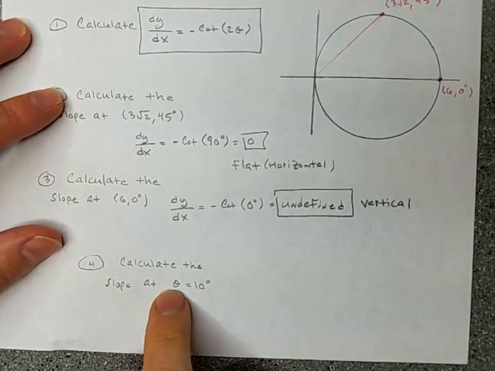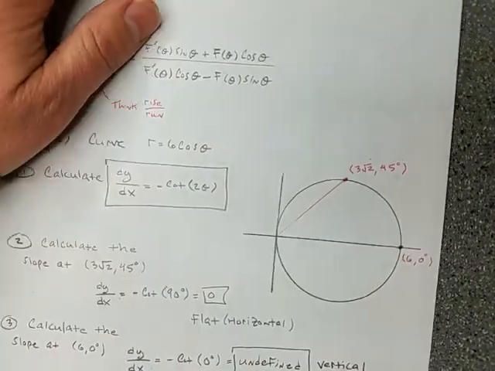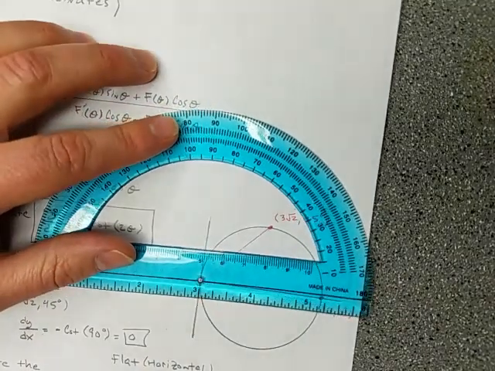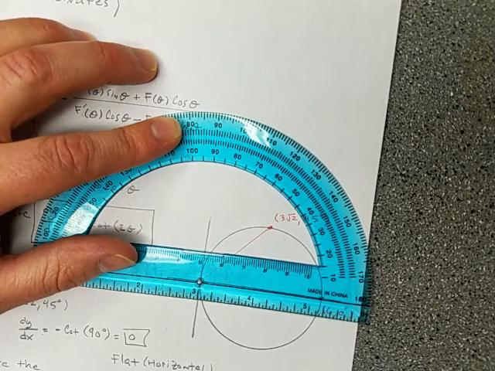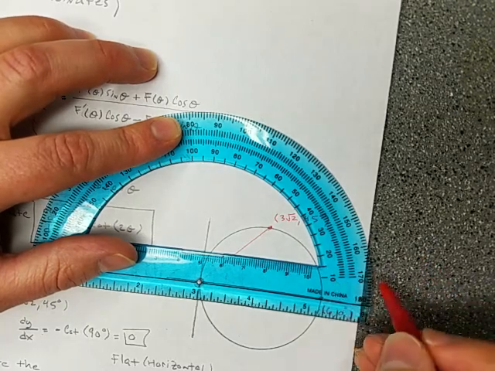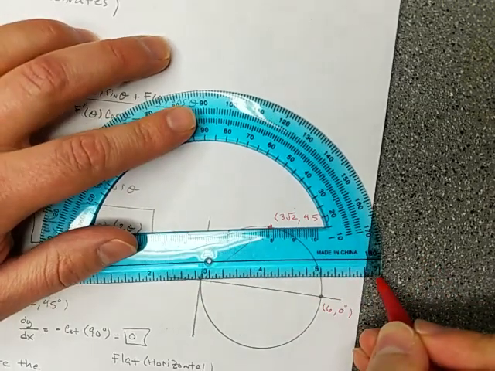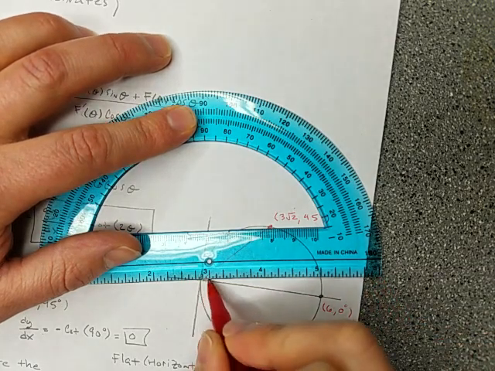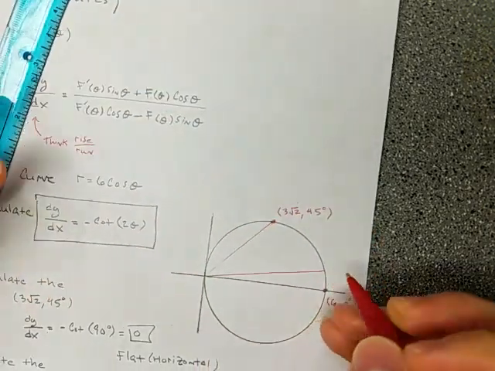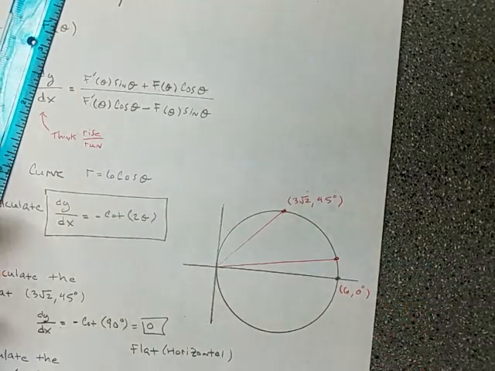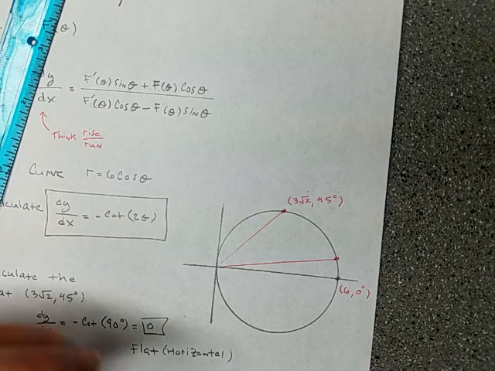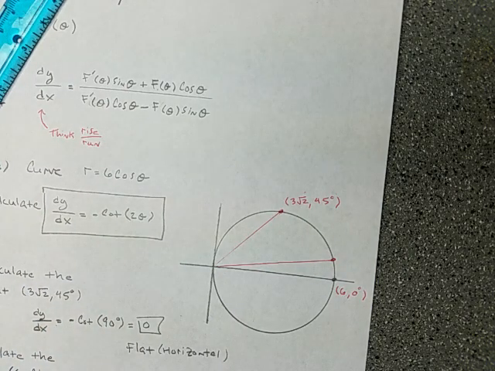What about the point where theta is 10 degrees? Just to have some perspective on this, oftentimes there's not a whole lot to just doing the math. So 10 degrees is going to take me about right there. At that point, theta is going to be 10. With some rounding, what's 6 times cosine of 10?